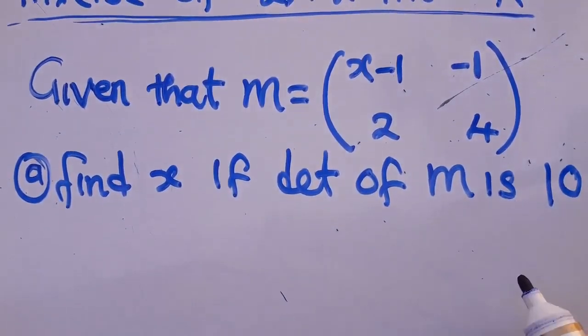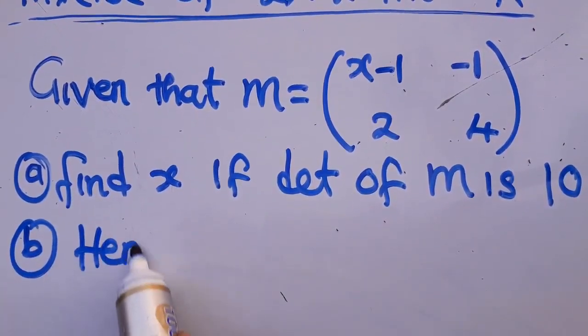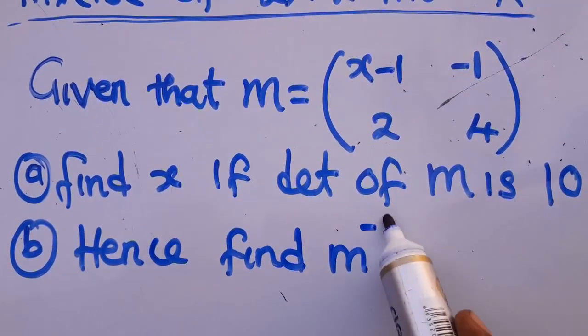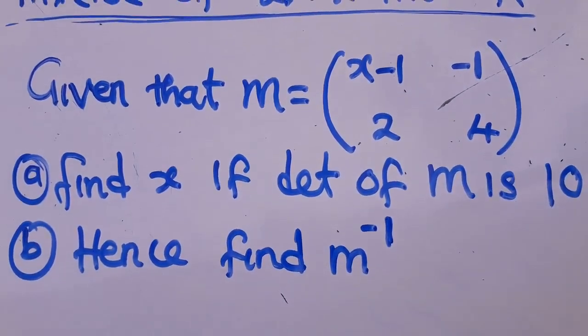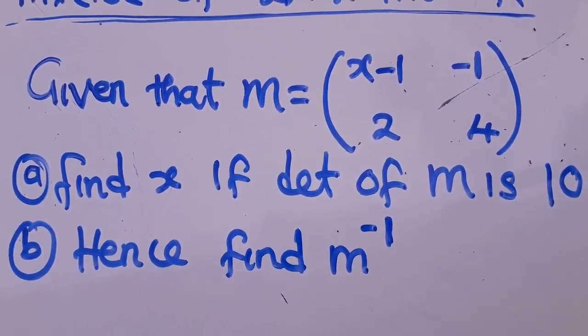This is question 1. The next question is: hence, find M to the power negative 1. This is how questions will be coming. Have you seen the way this question is? So you need to make sure that you understand it this way.